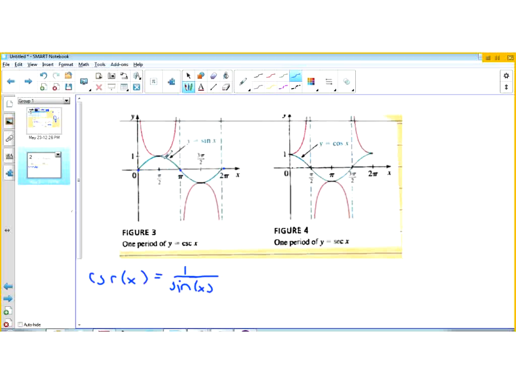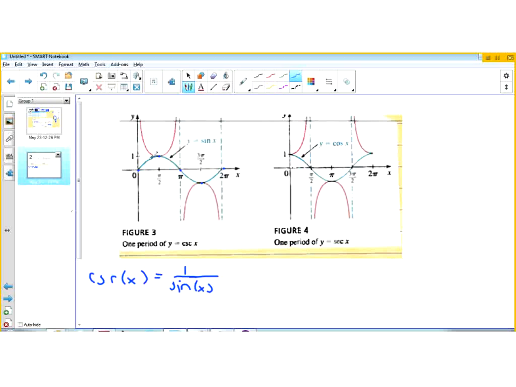And of course, the sine function is 1 at pi halves, but the reciprocal of 1 is 1. So 1, 1 would be a point on the cosecant function. And the sine function at 3 pi over 2 radians is -1, and so the reciprocal of -1 is -1 as well. So essentially, this gives you the method for graphing the cosecant function.